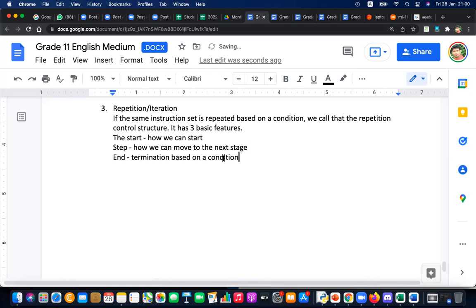So start is how we can start, the starting index. Step is how we step into the next stage or how we advance into the next stage. And end, the termination, is based on a condition.